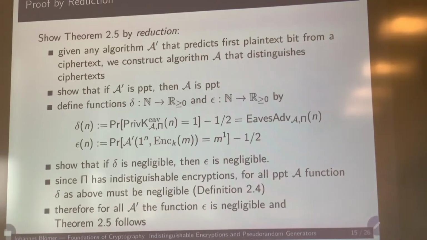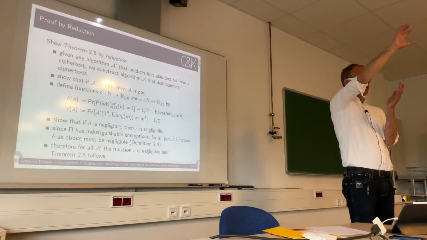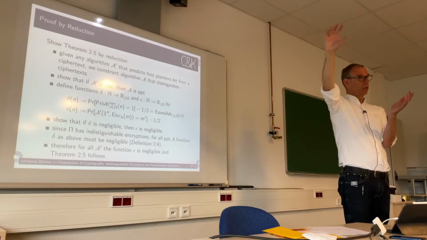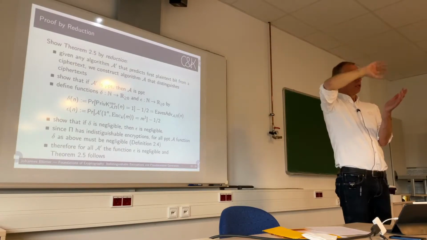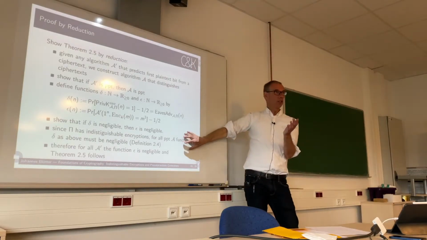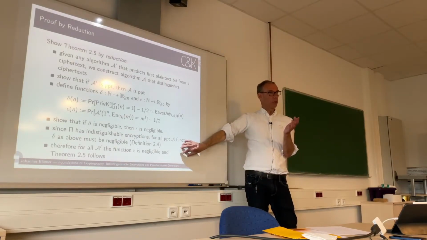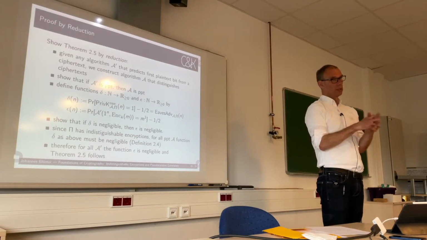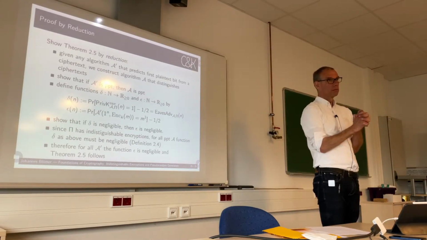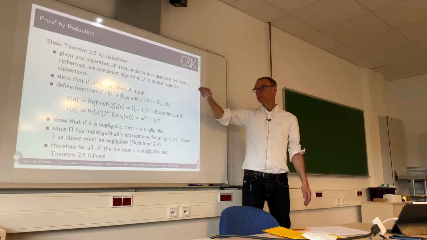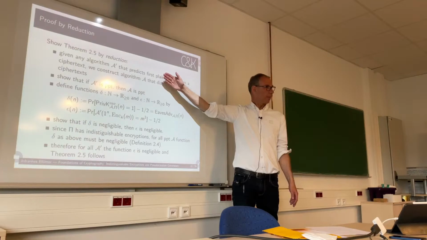Okay, so from an adversary against plaintext prediction, construct an adversary in the eavesdropping game, show that if one is PPT then the other is, and we relate the two advantages to each other in such a way that if one is negligible, then the other is also negligible. And then we are done. And this is a blueprint for all our proofs. We want to show that something implies something else.